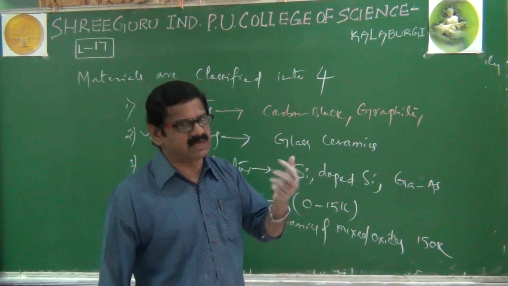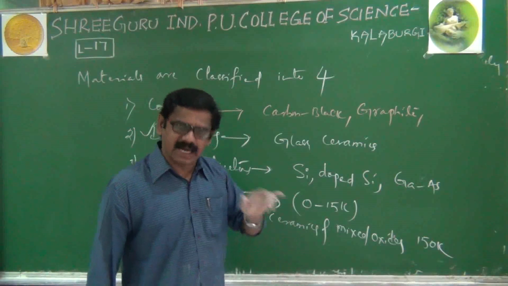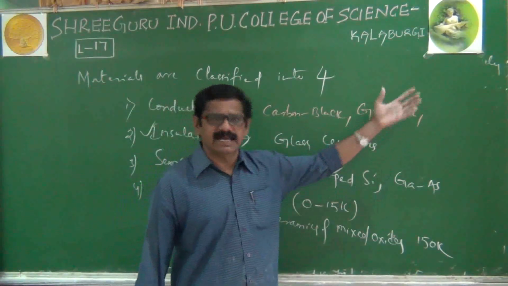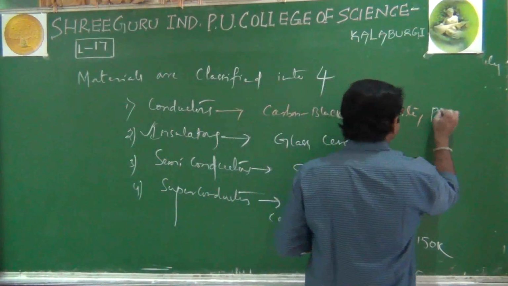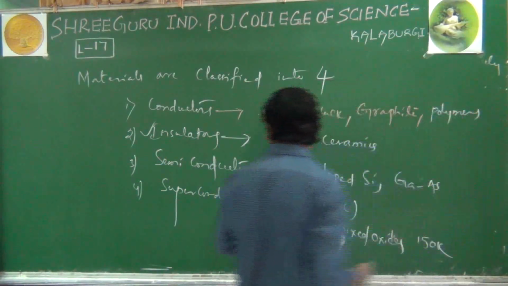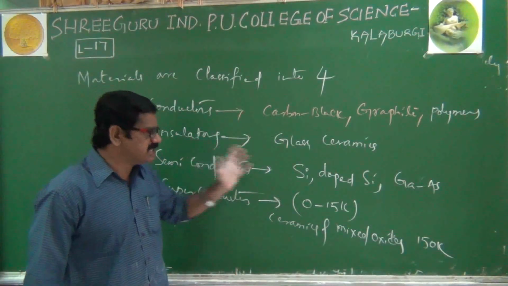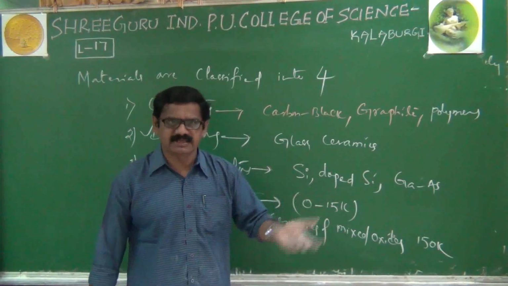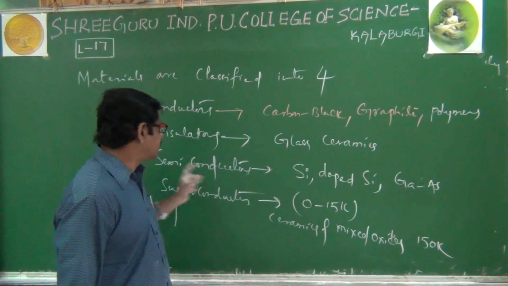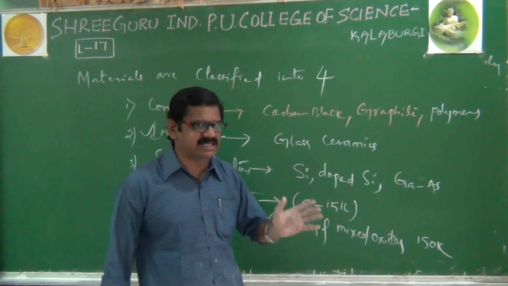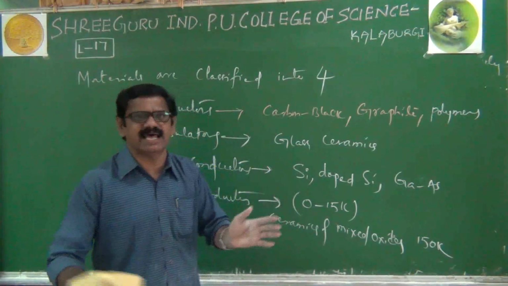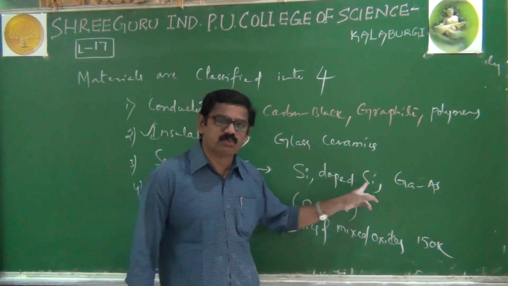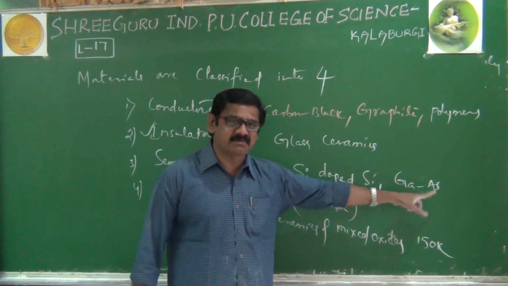Solid conductors, the best examples are metals and alloys; not only metals, some non-metals like carbon black, graphite and polymers also behave so. Insulators like glass and ceramics have very low conductivity. Semiconductors have conductivity between conductors and insulators, for example silicon, doped silicon and gallium arsenide.